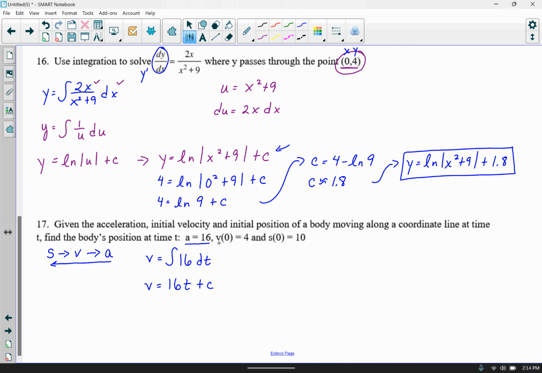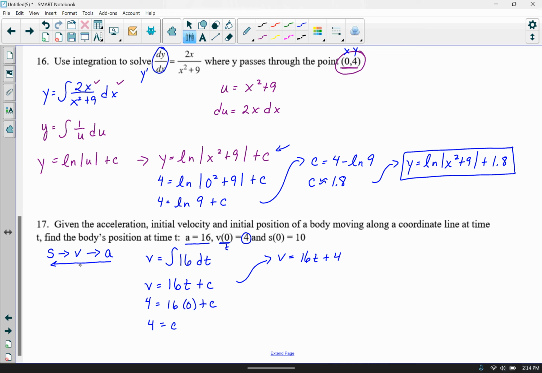Since they're giving me initial velocity, when t equals 0, your velocity is 4. So I'll plug that in: 16 times 0, and anything times zero just goes away, and I've got c equals 4. So now we know our velocity equation is equal to 16t plus 4.